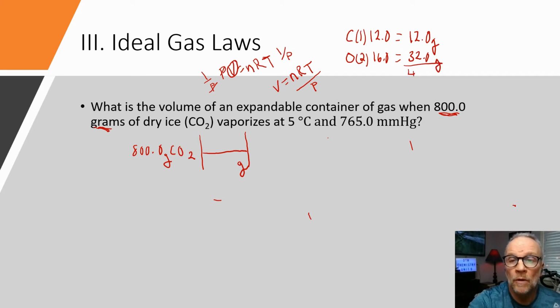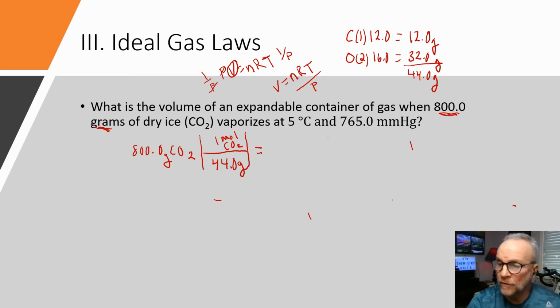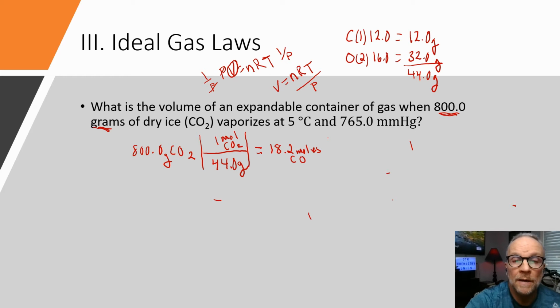So we get a total of 44 grams per 1 mole of carbon dioxide, or per 1 mole of CO2. If we do the math, 800 divided by 44 gives us 18.2 moles of carbon dioxide.